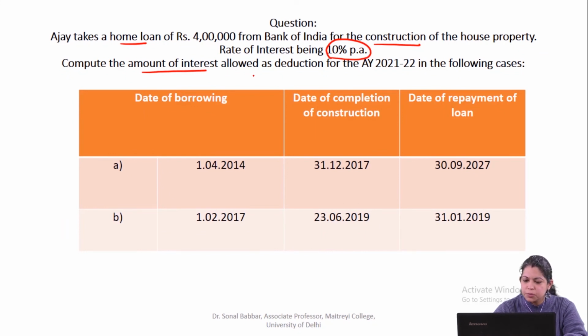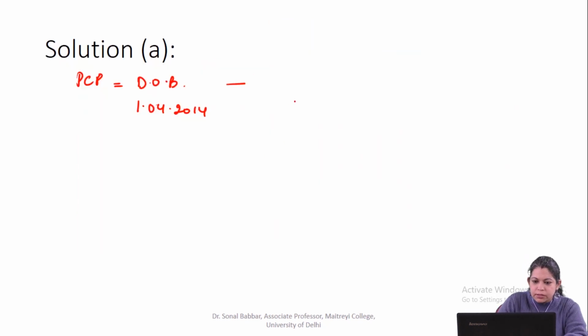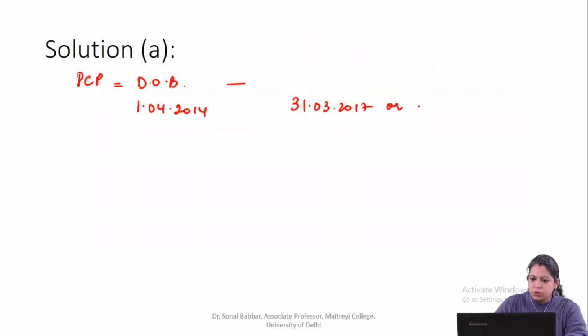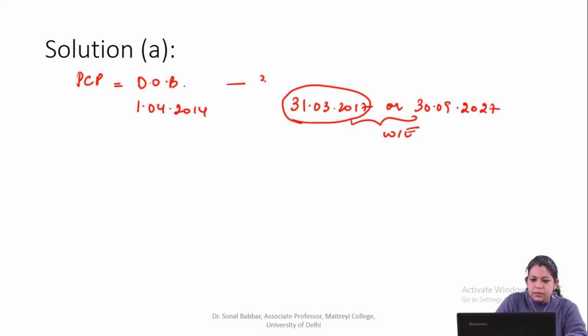So 31st March prior to 31st December 2017 is 31st March 2017. And we need to compare this with the date of repayment of loan, that is 30th September 2027. So earlier of the two is taken, and earlier of the two is 31st March 2017. So this becomes the closing date for us.